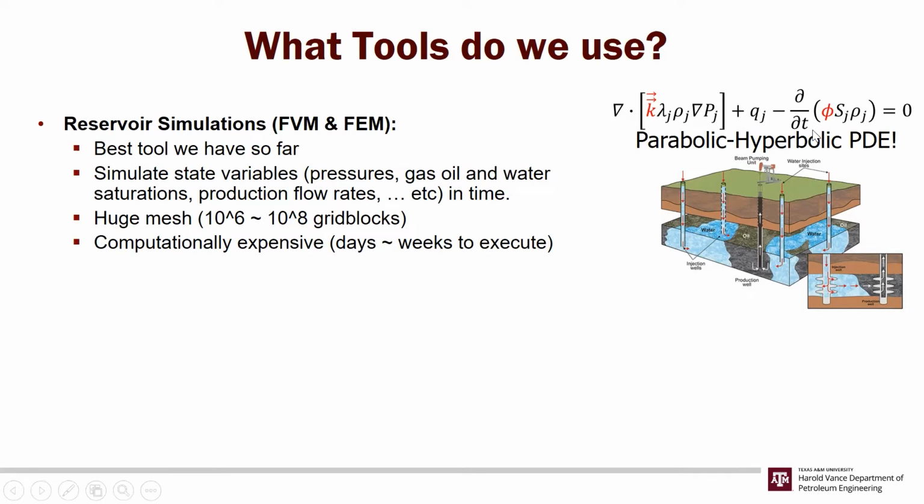I'm not going to talk too much about this equation by itself, but this is a two-phase flow equation in porous media, which is a classical parabolic-hyperbolic PDE. That has some issues, and that's one of the things that we developed with the group of Ulysses, trying to solve some of these problems with the hyperbolic partial differential equation.